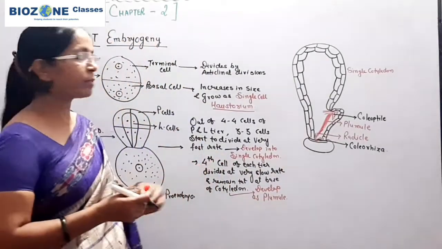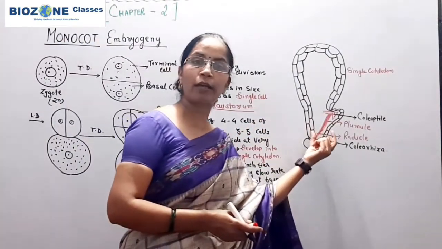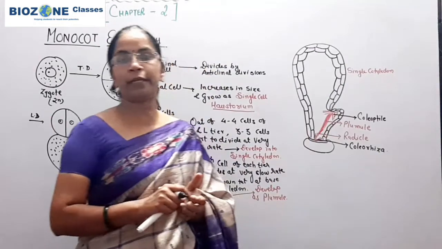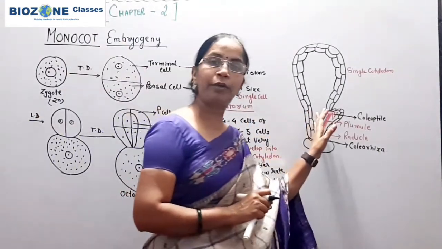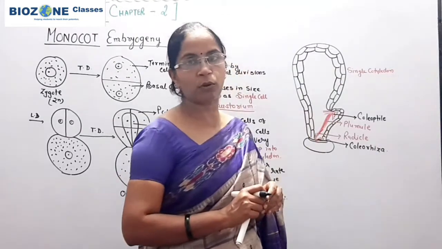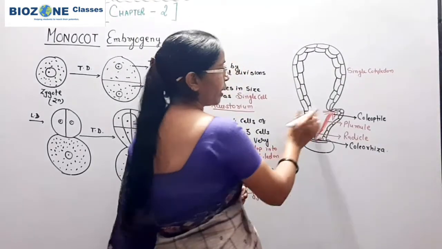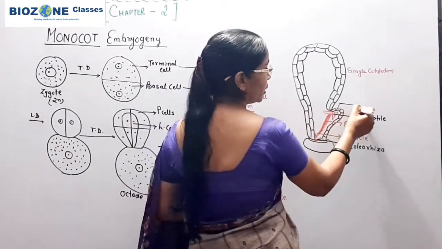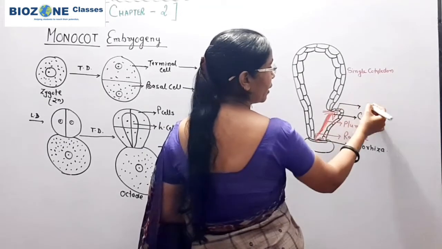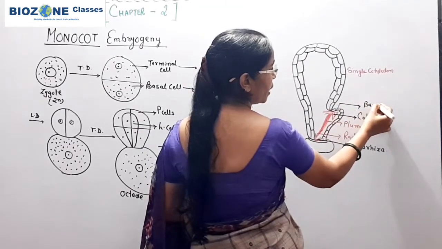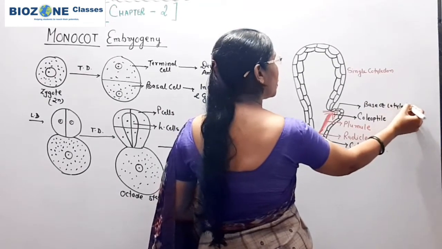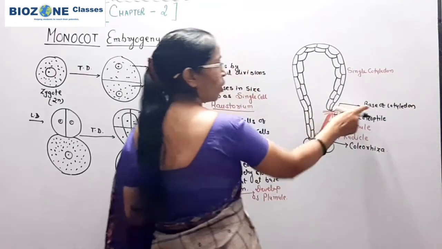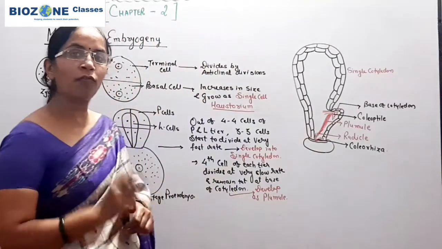In theory exams we do not have that much time, because within a limited time you have to attempt all the questions. So for that purpose you can draw only 2 or 3 layers of cells. This part, you remember, is the plumule, at the base of the cotyledon. So the plumule in monocot is present at the base of the cotyledon.